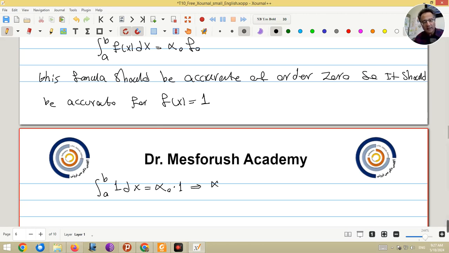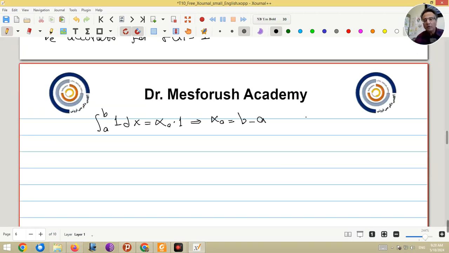And this means that alpha 0 is equal to b minus a. Okay? So the integration formula is the integral from a to b of f of x dx equal to b minus a, which we put instead of alpha 0, times f0.